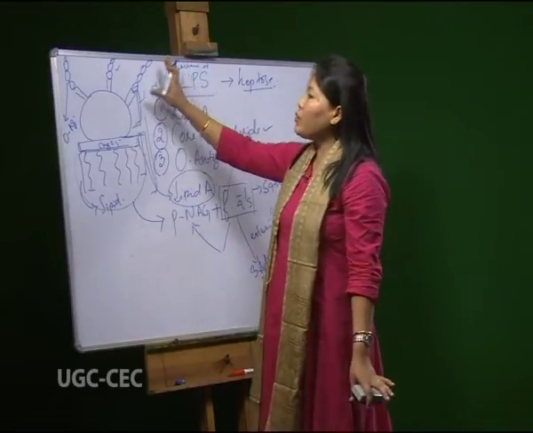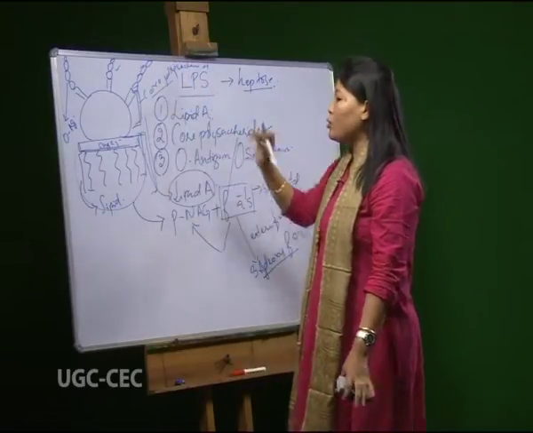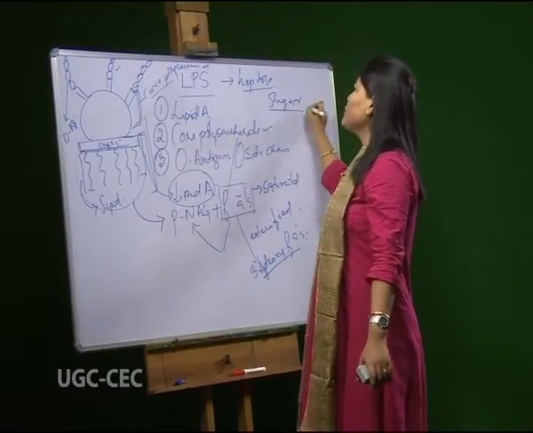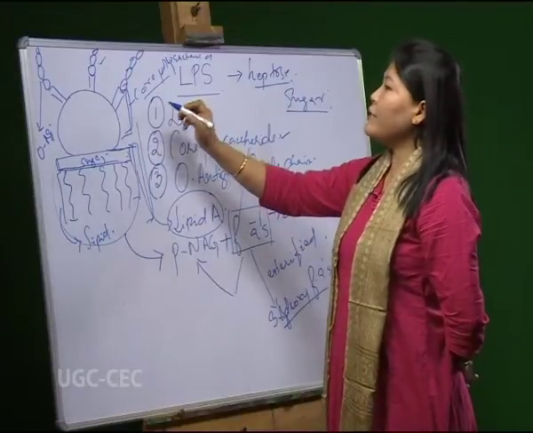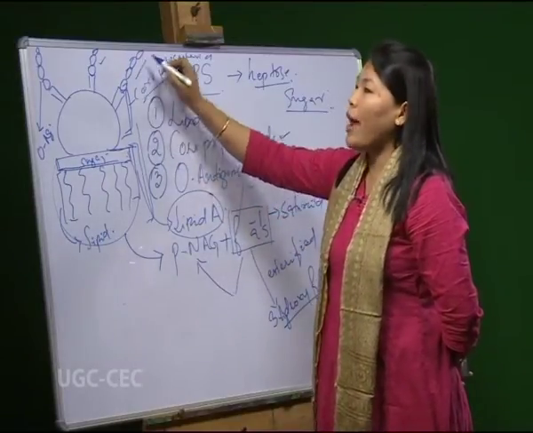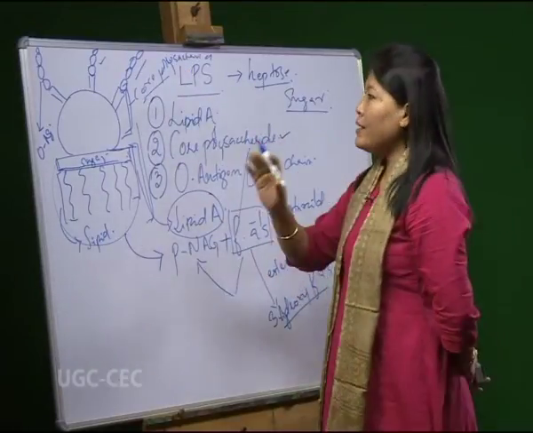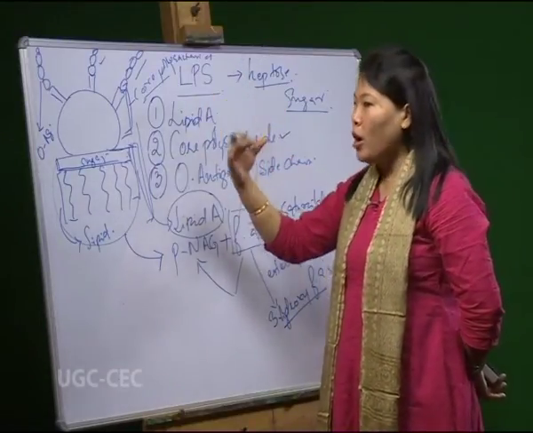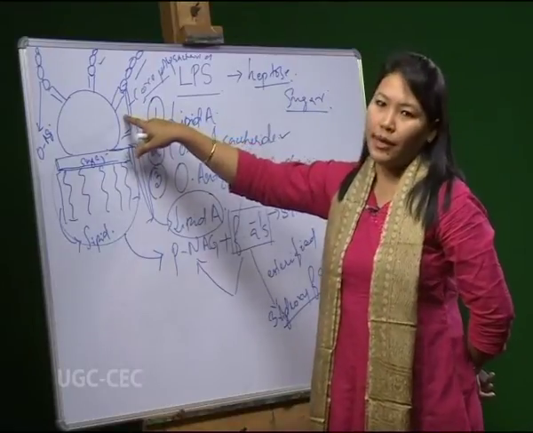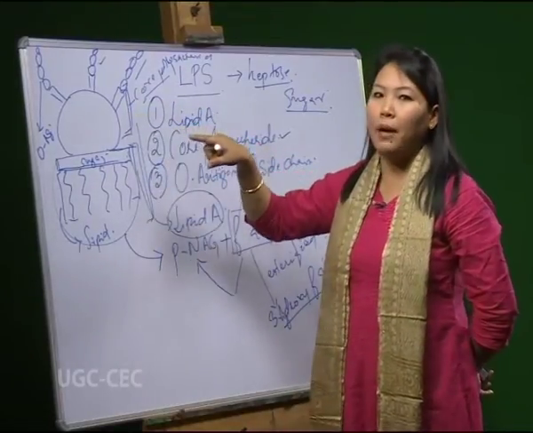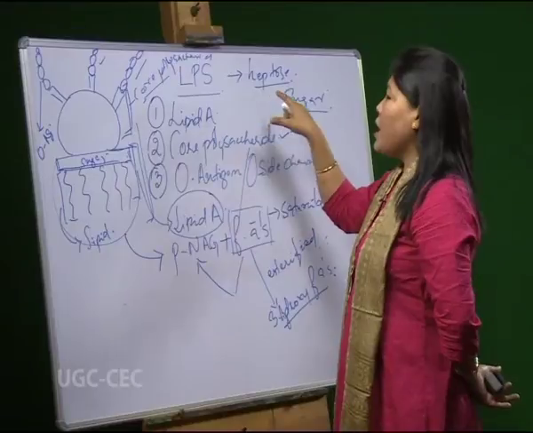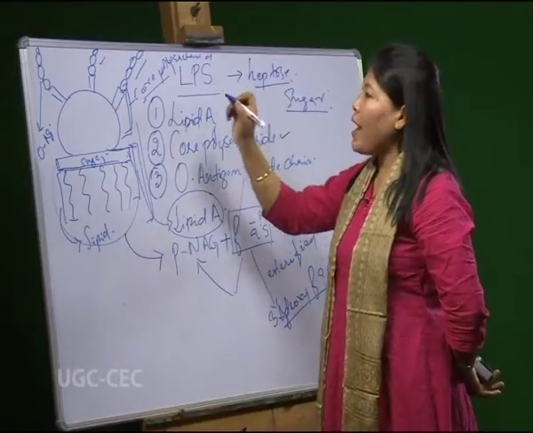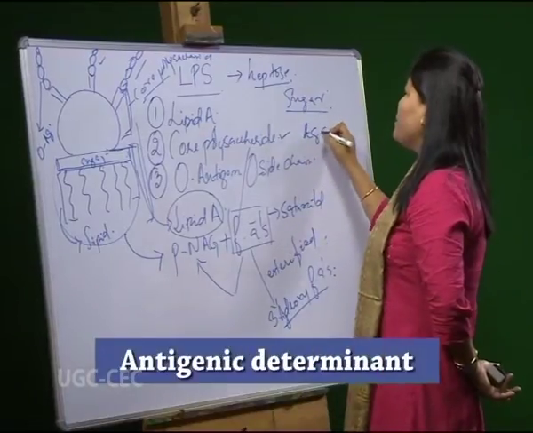Next, coming to the O antigen or the O side chain. O antigen is also composed of sugar molecules. When we compare the core polysaccharide with the O antigen structurally, the O antigen is far longer than the core polysaccharide. The biological function of the O antigen is that it serves as an antigenic determinant.